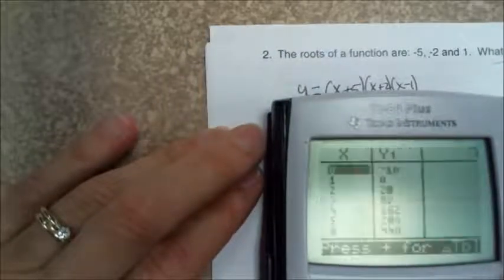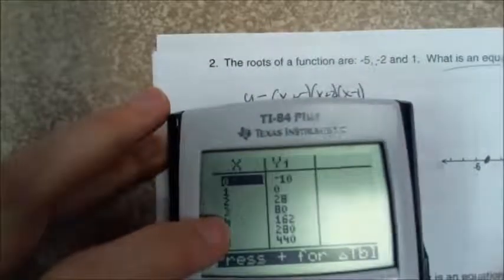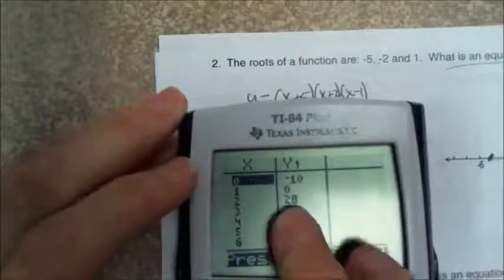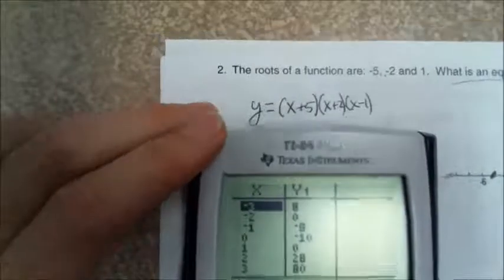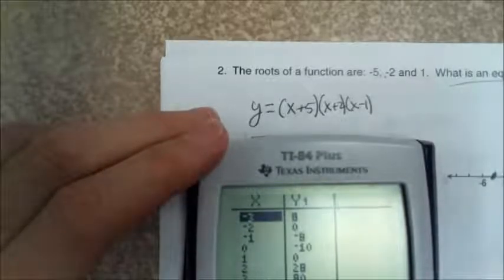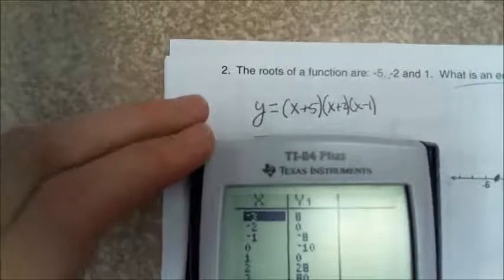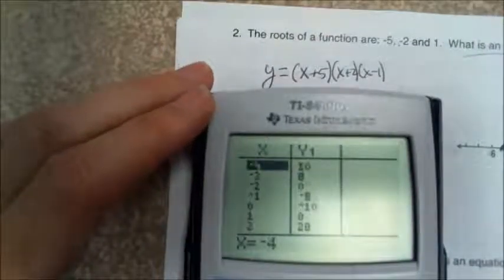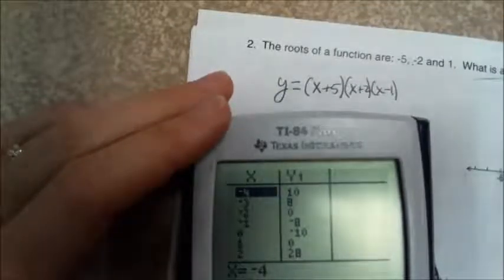If we want to look at the table of values, find a few points that we can put on our graph. 0, negative 10 goes down here. 2, 28, oh, that's off our graph. Negative 3, 8 goes up here. Negative 1, negative 8, we can put that on. Negative 4, 10 goes up here.